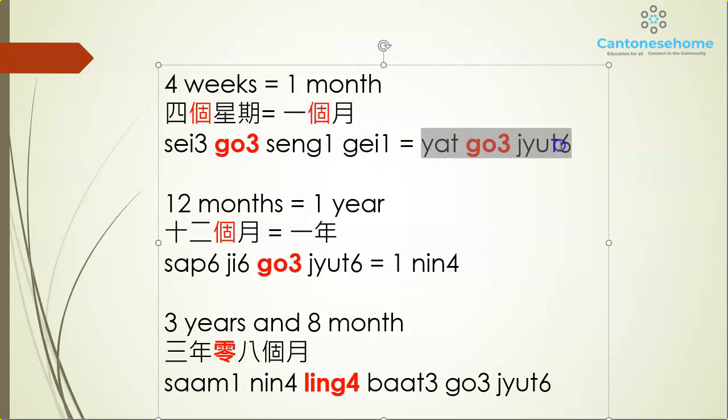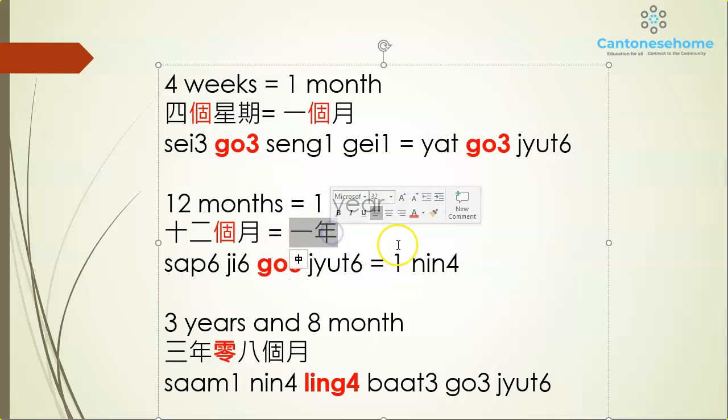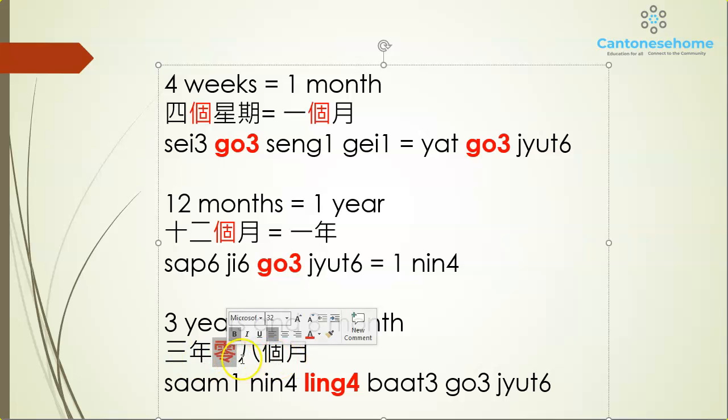Then this one, 1個月, they both need the measure word 個. And 年 itself is already a measure word. So 3年8個月, 3 years and 8 months, or some people would add 3年零8個月. This one is more popular. People would rather use this one.